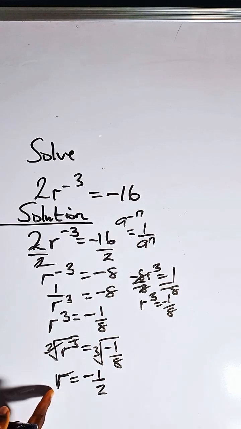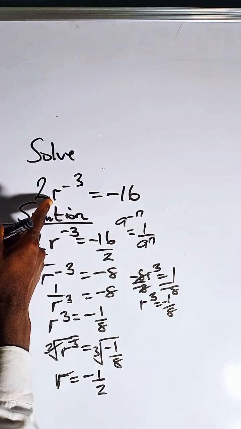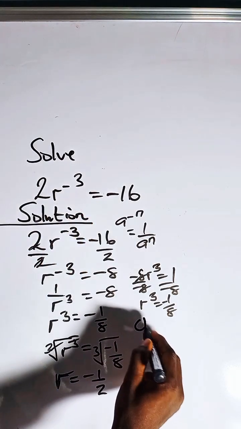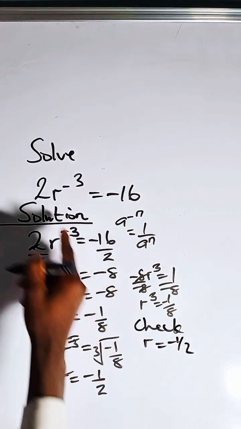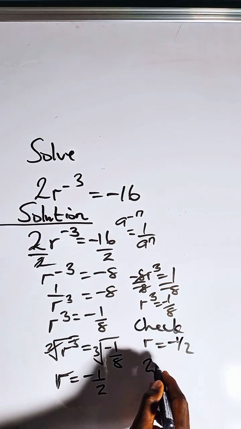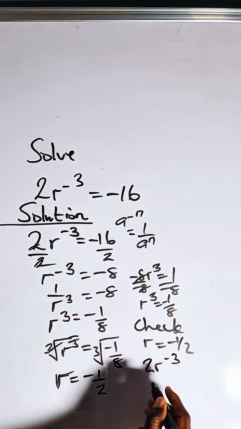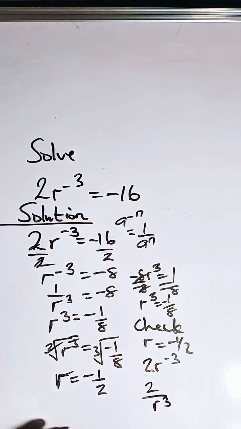Now, if r is minus 1 over 2, when we put it back in this equation, we should have minus 16. So let us check that. For r equals minus 1 over 2, 2r to the power minus 3 is simply 2 over r raised to power 3.